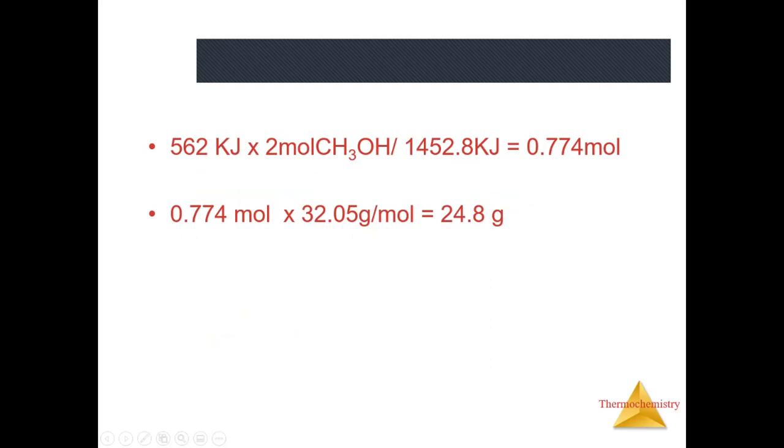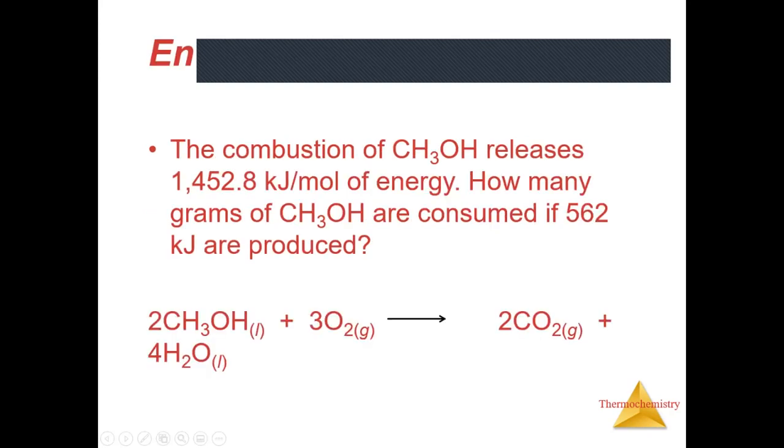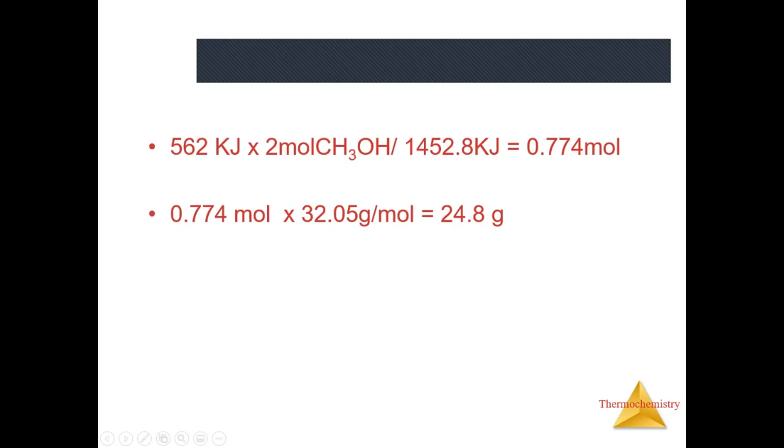So I have the moles. I did it a little bit differently. What I did, okay, I'm sorry, let me go over this again. This is how much I had, correct, guys? That's how many kilojoules were produced. And the equivalence is I need 2 moles of methanol to make this much energy.